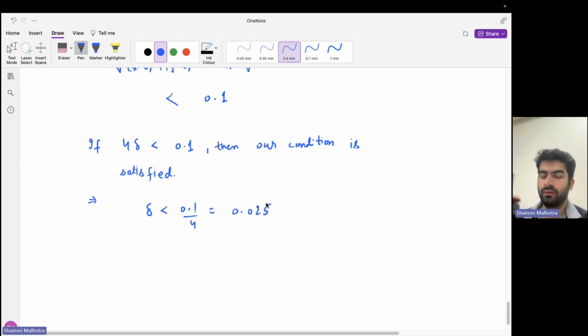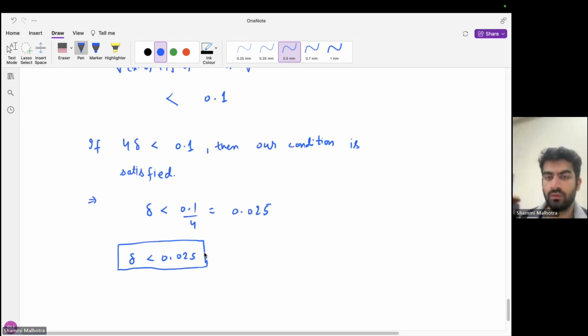Okay, so this will imply if I take any delta which is less than 0.025, then the modulus of my function f(x, y) has to be less than 0.1. So we get a numerical estimate on delta given a particular value of epsilon. So that's how you can basically calculate the values of delta. I hope that makes this calculation of epsilon delta more clear with how things work.